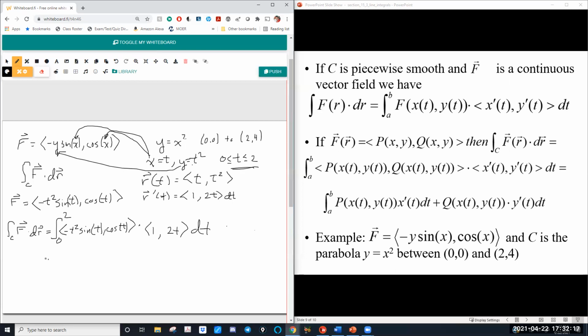Now, I know it's been a while, because this is the easiest parameterization. So the question came up, why does x equal t? This is the easiest parameterization of y equals x squared, is to say, okay, I'm going to let x equal t, and then y is going to equal t squared.